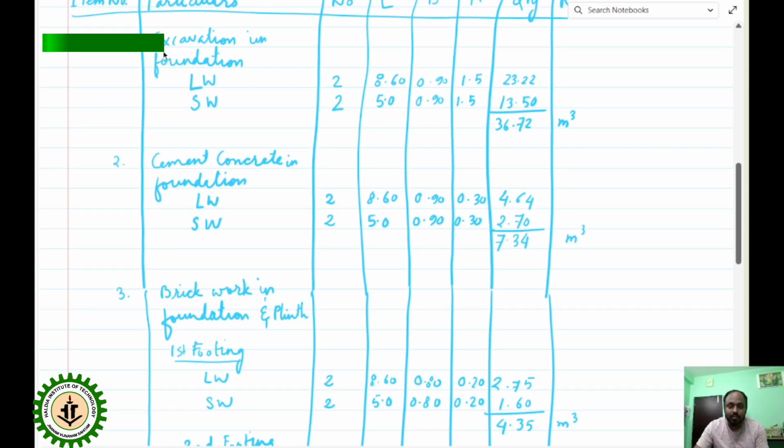See, for this first item, excavation, we have calculated the quantity as 36.72 cubic meter. For cement concrete, the second item, we have calculated 7.34 cubic meter.